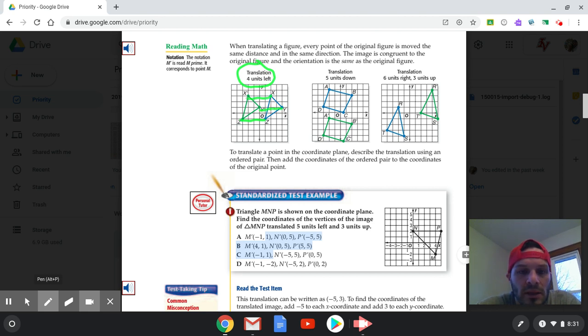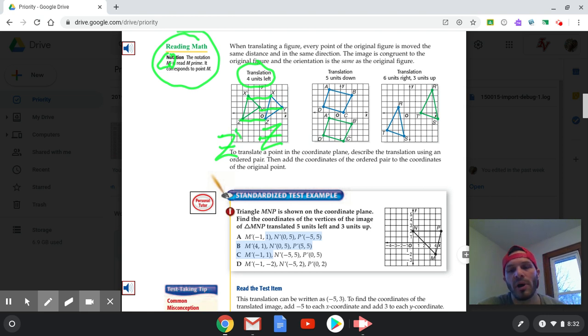All right. And the other thing I want you to notice here is this part. This is called reading math. There's ways to read things when you're talking about geometry. And it says the notation M with an apostrophe is read M prime. It corresponds to point M. Well, down here, we had point Z, and it moved to Z prime.